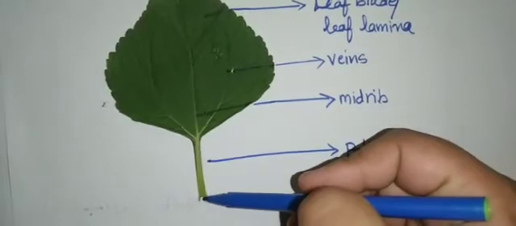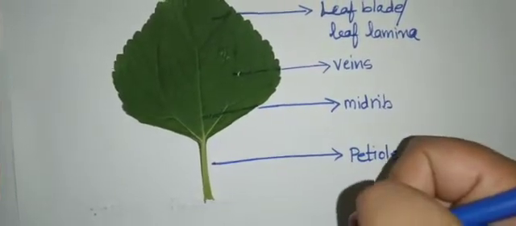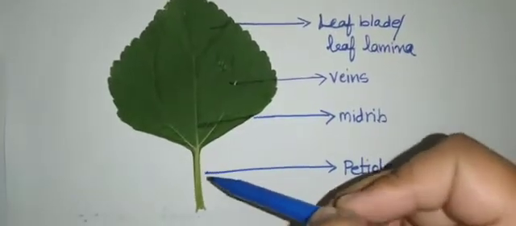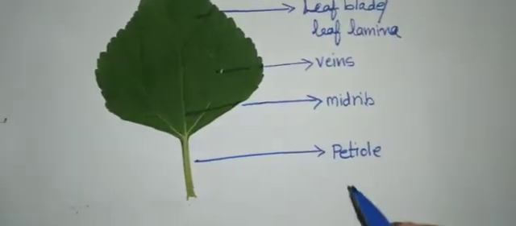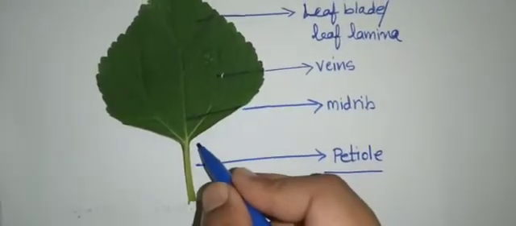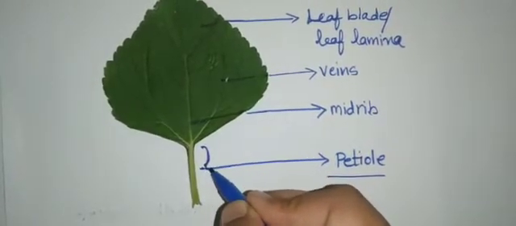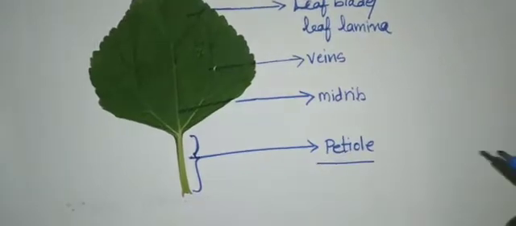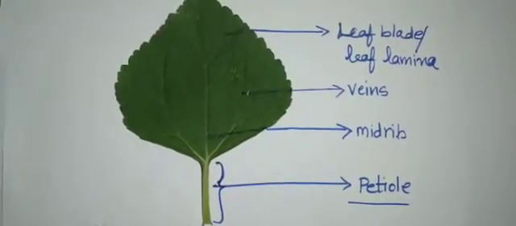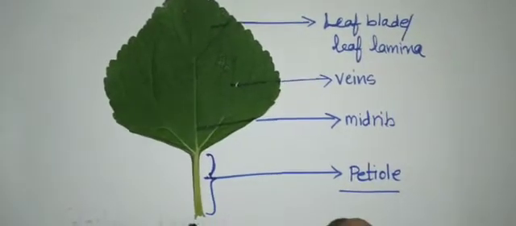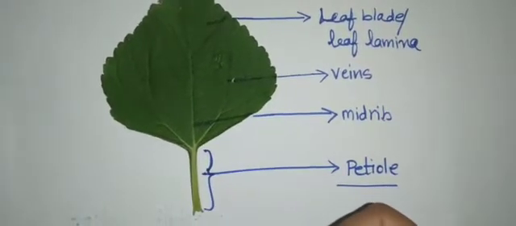This portion, the stalk of the leaf, is called the petiole. Students, they are directly attached to the nodes. This portion is directly attached to the nodes.